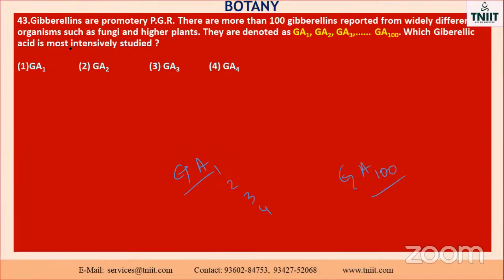Which gibberellic acid is most intensely studied? Note it down, my dear students: GA3 only. These are direct questions, no need to worry, no need to go here and there. GA3 only, the answer is there.